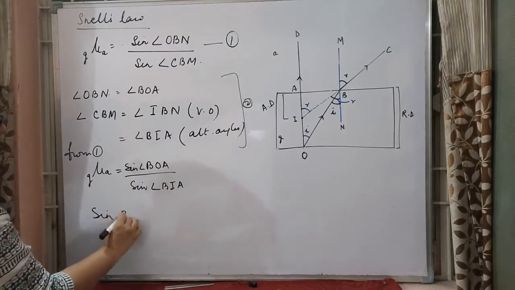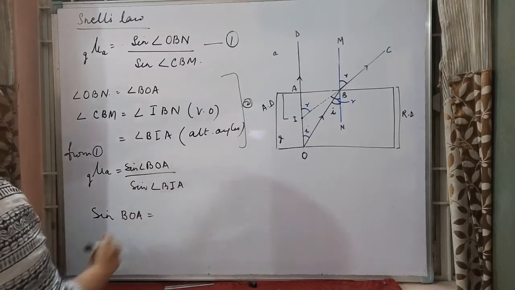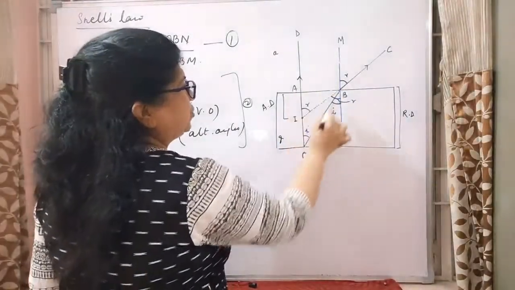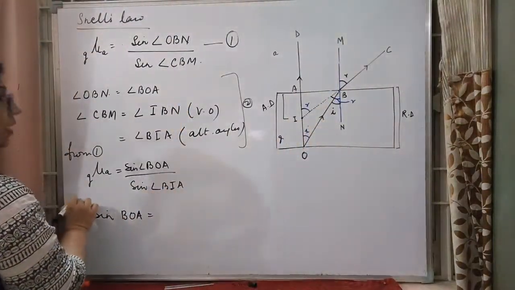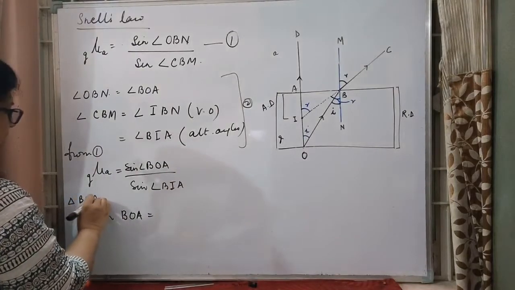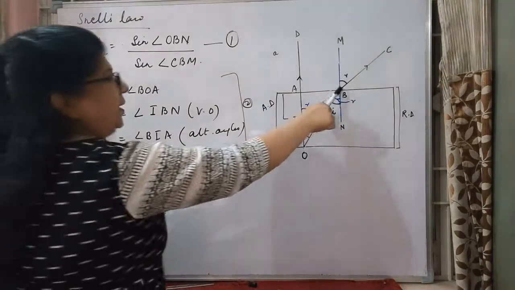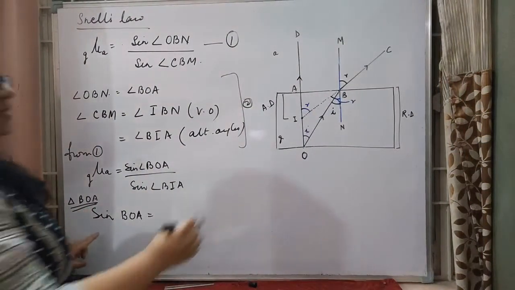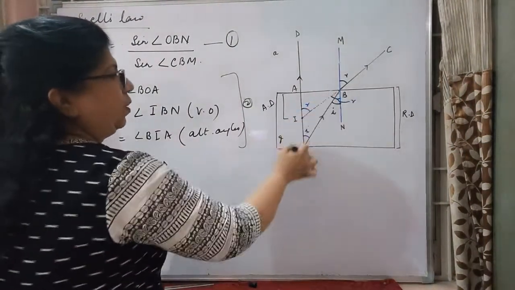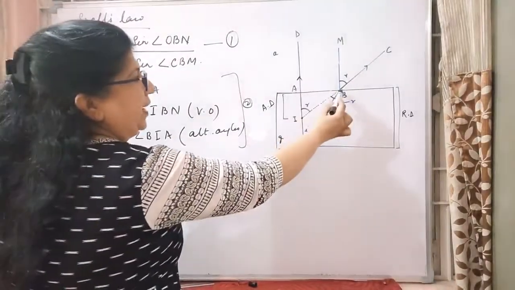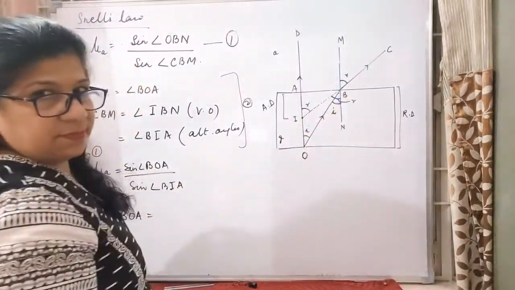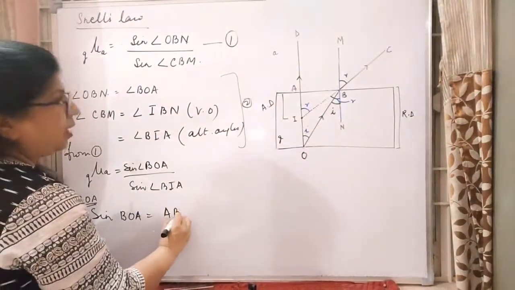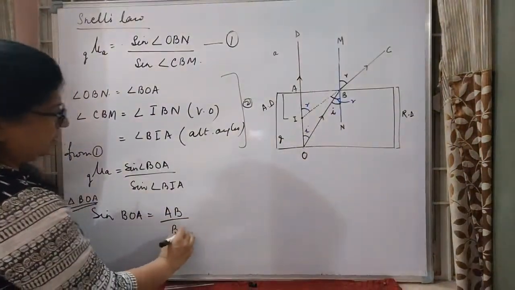Sin BOA will be equal to sin BOA क्या हो गया BOA इस ट्राइंगल में, you say triangle BOA में, in triangle BOA, I hope you can see, right, in triangle BOA, sin BOA will be what? Perpendicular upon hypotenuse. ठीक है, so the perpendicular is AB and the hypotenuse is BO.